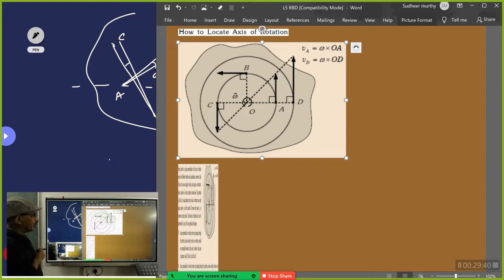Is it cross product only, sir? By simple multiplication we define V bar like that. But here I didn't write VA bar. If I had written VA bar, it should be omega bar, then OA bar. Even then, sin theta is 90 there, so it is 1 and all fine.